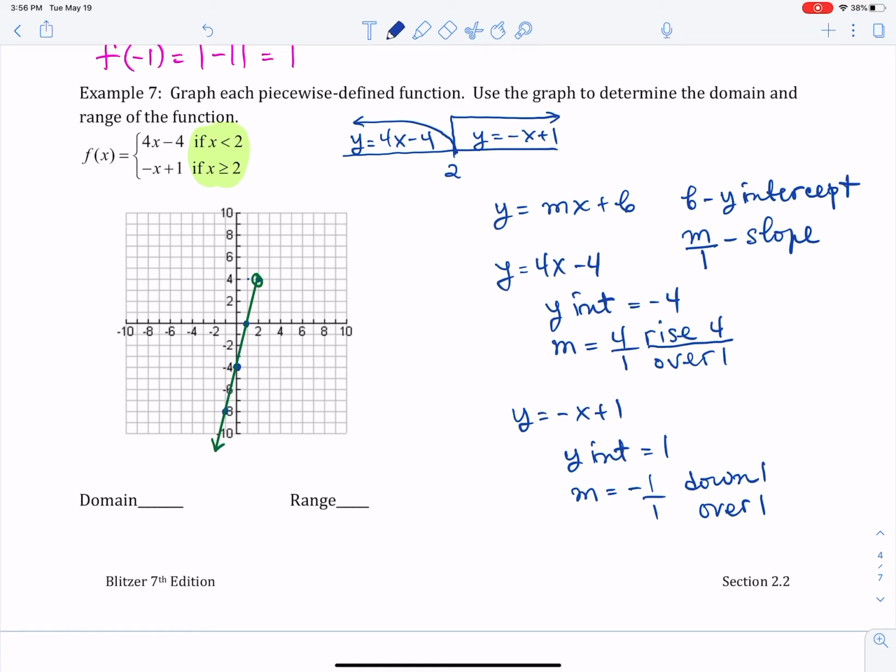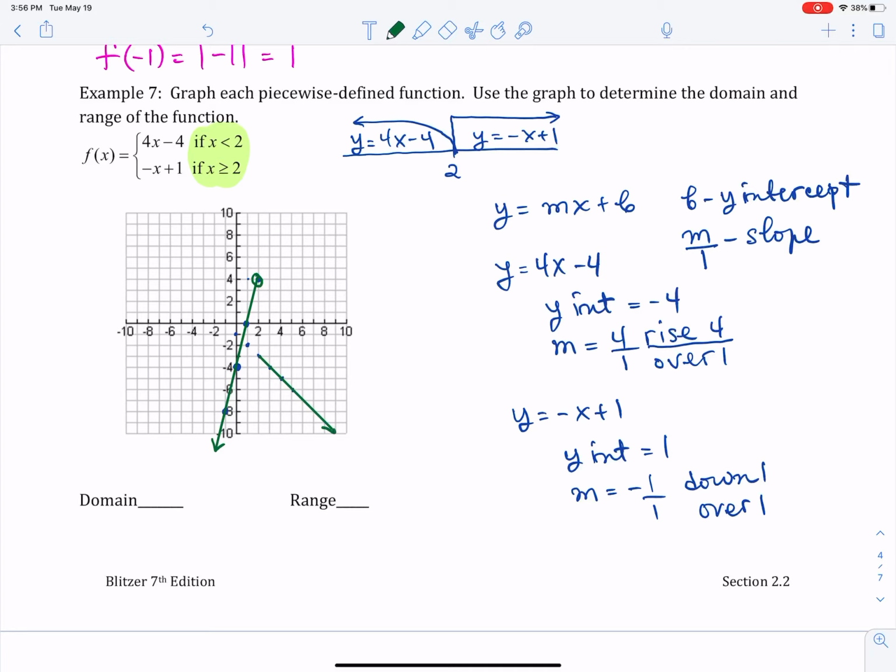So I'll just sketch it with dotted lines. So start from negative 1 and go down 1, down 1, down 1, down 1, and so on and so forth. Well, since my graph starts from 2, I'm actually only going to sketch past 2.